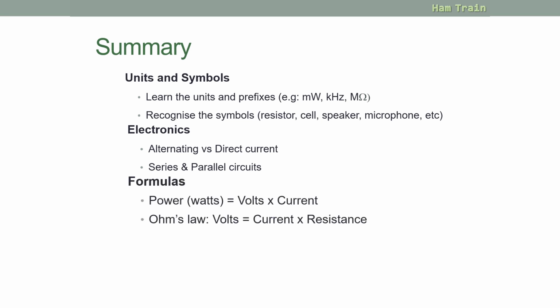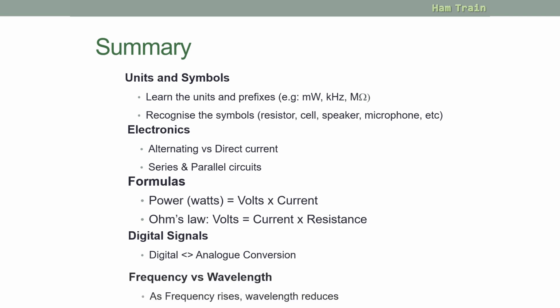The two formulas that you'll need, the power formula, PVI, and Ohm's Law, VIR, and do practice with those triangles. We've looked at digital signals, converting between digital and analog, and frequency versus wavelength. As the frequency goes up, the length of the wave reduces. And remember that lookup table that you're given in the exam.